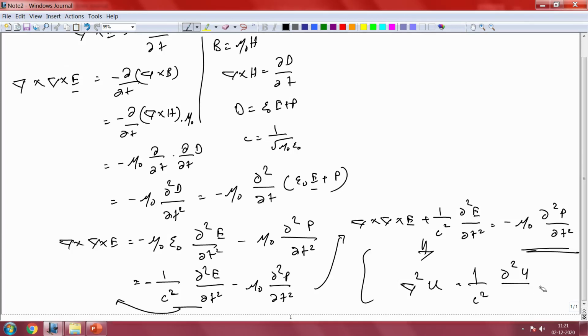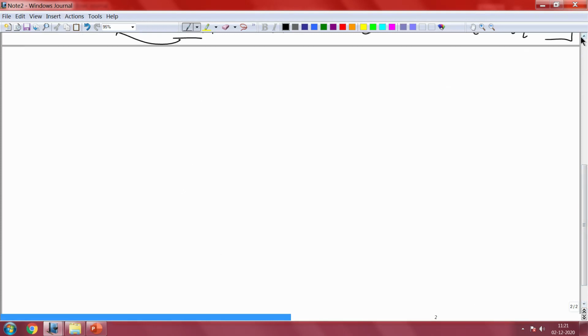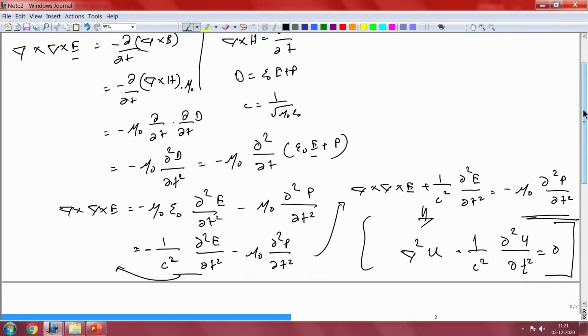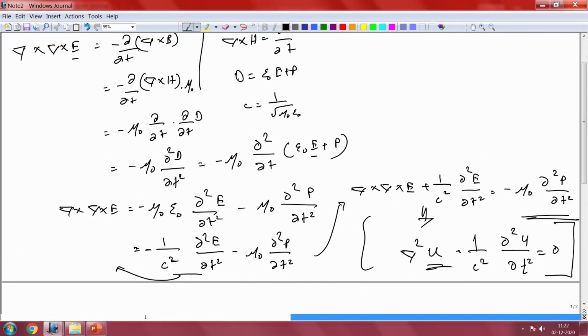When you don't have any source inside the medium, then you can make this 0. When there is no polarization inside the medium, let us say in free space, then you basically get this wave equation. So one needs to satisfy this equation in order to get a propagating wave or an electromagnetic wave.